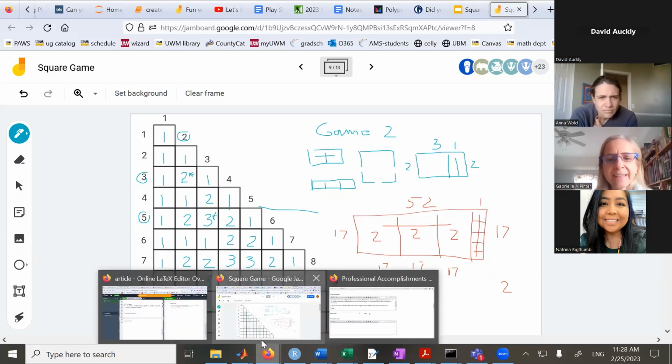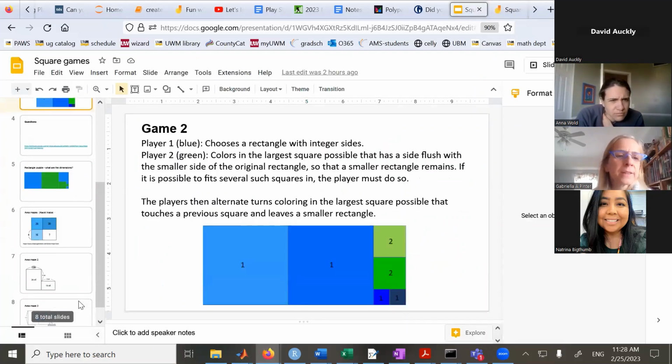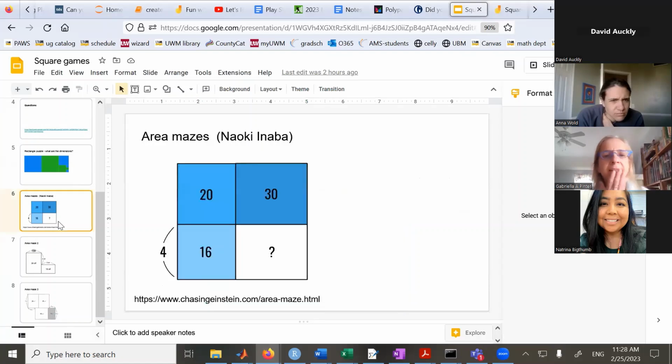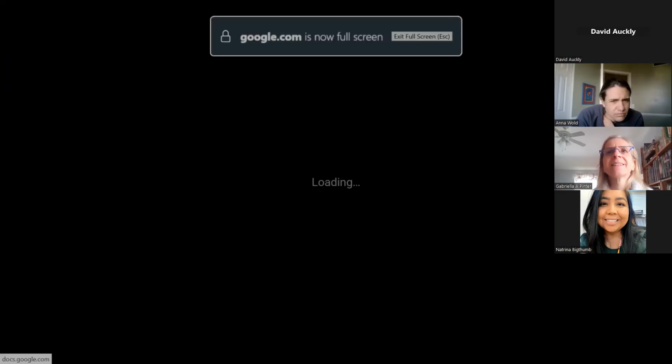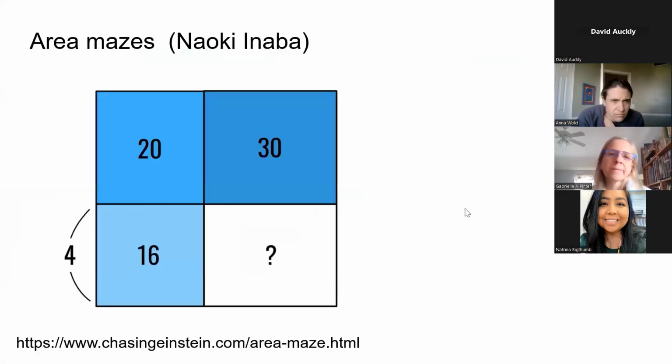And I wanted to show you another kind of extension, just very real quick. There are these mazes called area mazes. Maybe some of you saw these. It's a Japanese puzzle maker, Naoki Inaba, who invented them. And the idea is to figure out either unknown areas or unknown dimensions of rectangles from the given information.